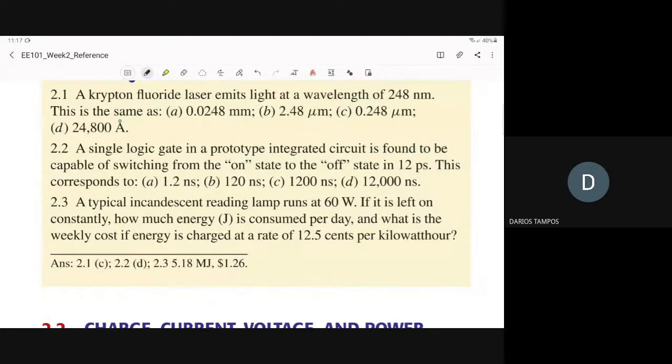Okay, letter D, which is 2. Pila man na siya? 12,000, sir. 12,000 nanoseconds. Tama ba ko? Yes, sir. Okay, so the same concept for 2.2, then feel free to solve as well sa ato 2.3.